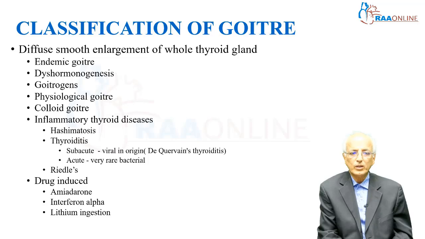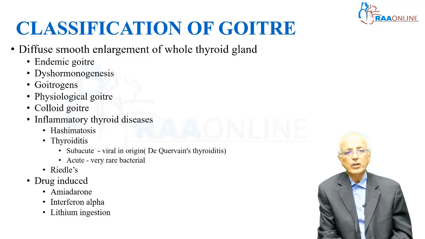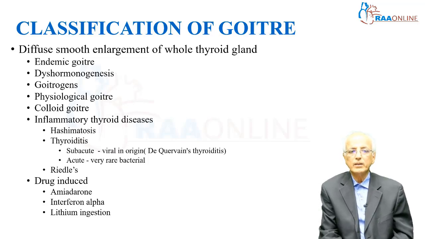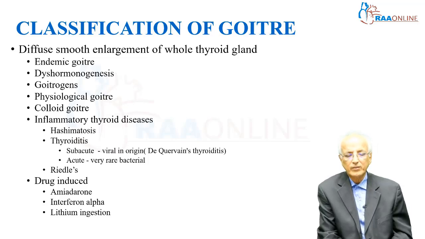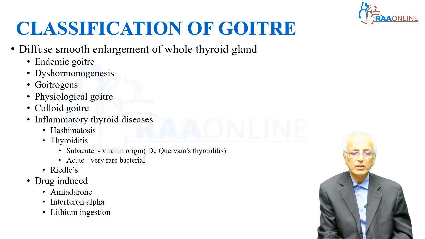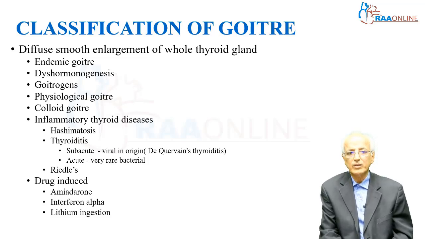Goitrogens, coming to physiological goiter. During development, there are periods of increased demand for thyroid hormone. This classically happens during the growth spurt at adolescent age. When there is an increased demand, if the gland is not able to secrete an increased amount of thyroxine, TSH will increase the size of the gland, hoping to compensate for the decreased function.